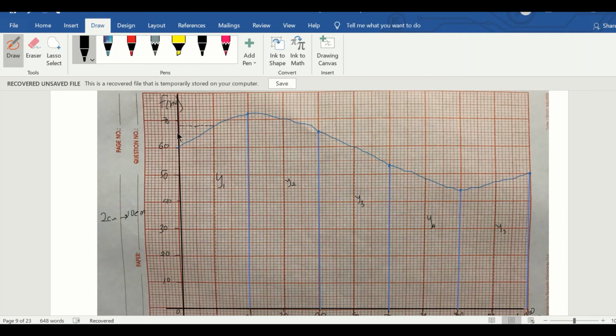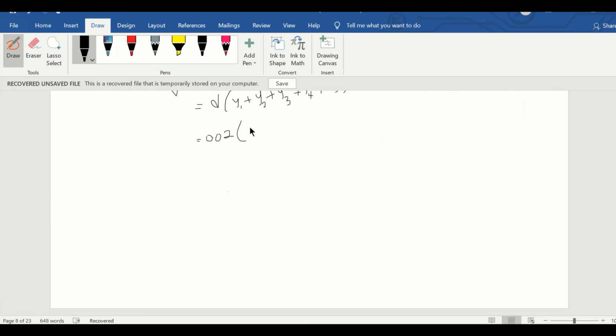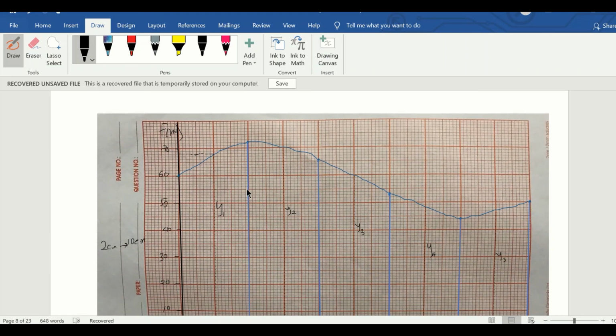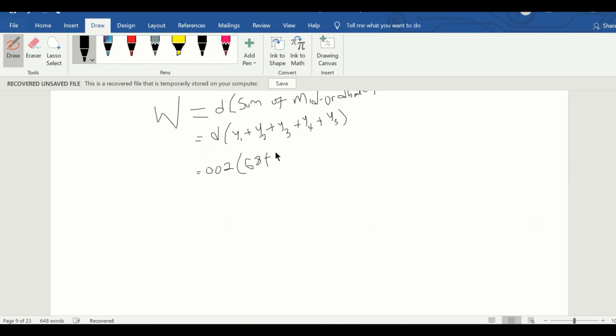My y1 is 68, plus my y2, come to my graph again. My y2 is at this point. My y2, take it down to the y-axis. My y2 is 70.